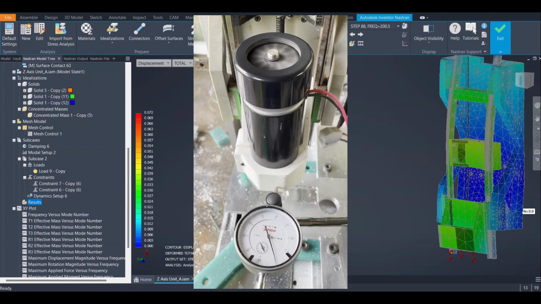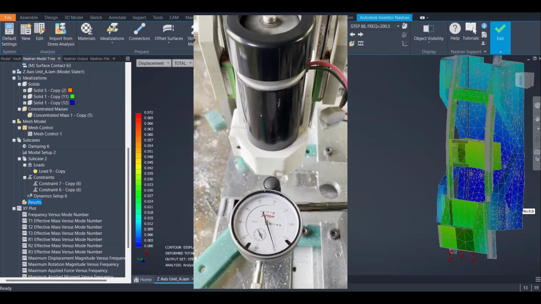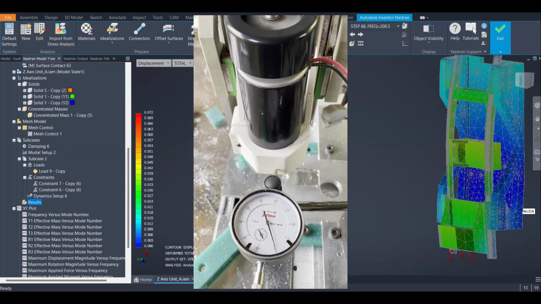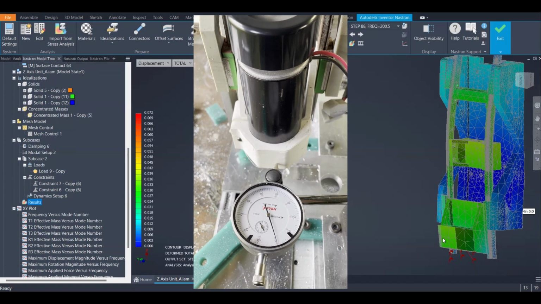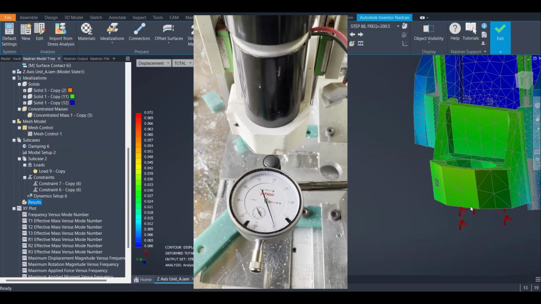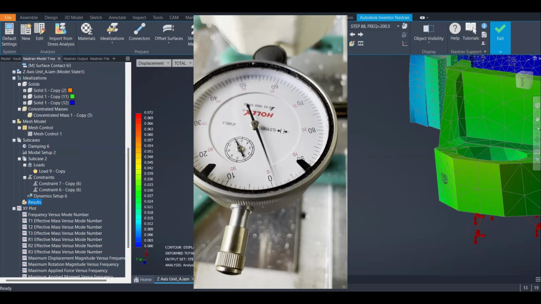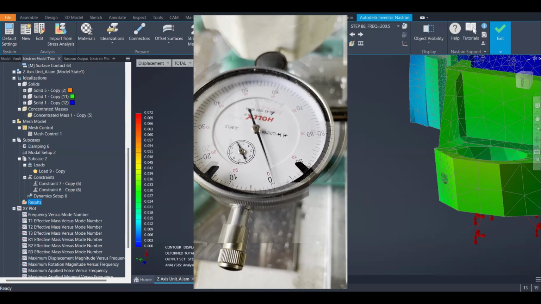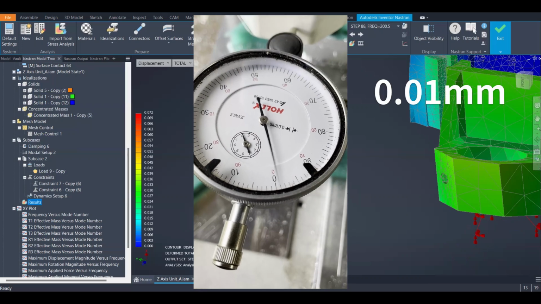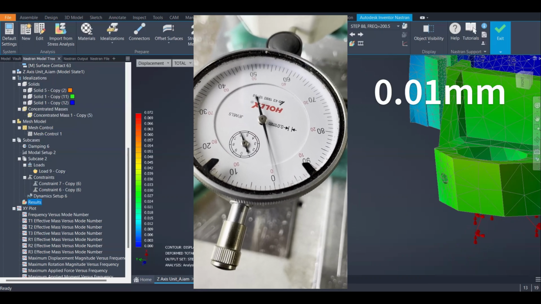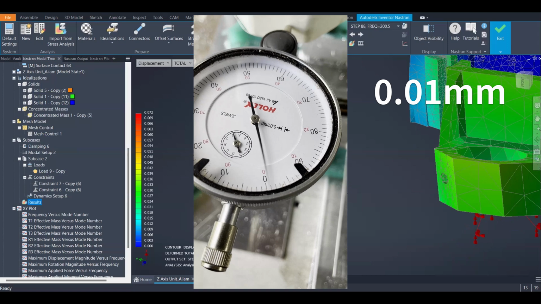So for example, here I have a dial indicator touching my machine here at the front in this base, as you can see. So I start to ramp up the speed. I was looking for a spot, so I was there close to 200 Hertz.